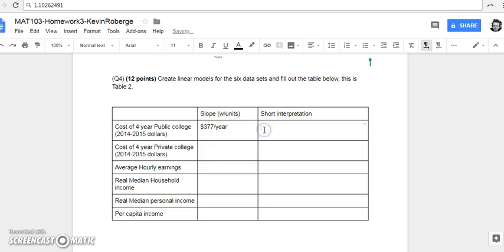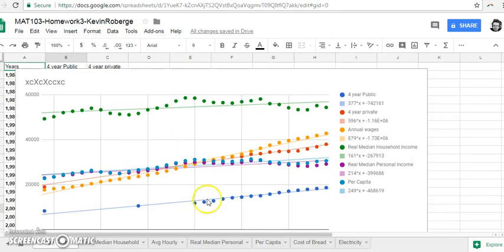And an interpretation would be that each year, well, not tuition, but just cost, the cost increases by $377. That's all you need. This is really short. And of course, this isn't the case all the time. The linear model is approximating the data.